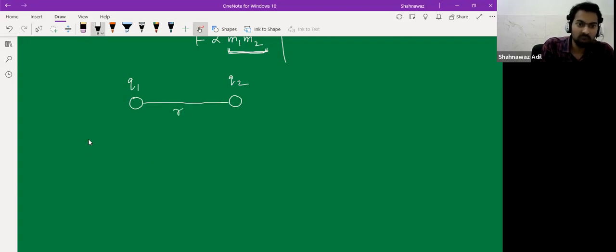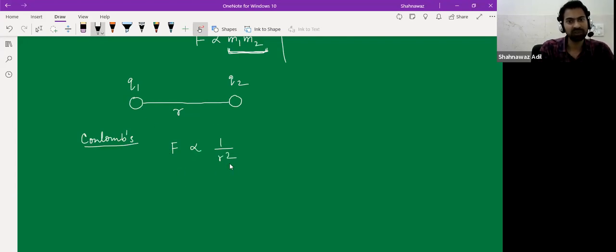So Coulomb found out that the force would be inversely proportional to the square of the distance between them, the square of the separation, right? And he also found out that it is always proportional to the product of the charges, just like Newton's law. So when you remove this proportionality, there would be a proportionality constant k. So you will have k q1 q2 by r square, right?